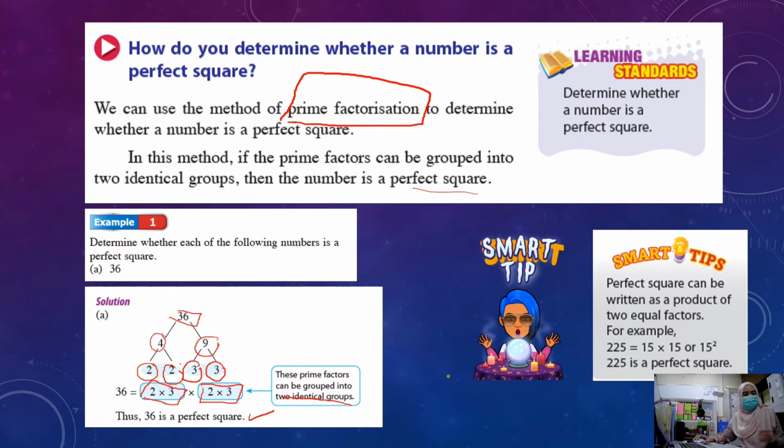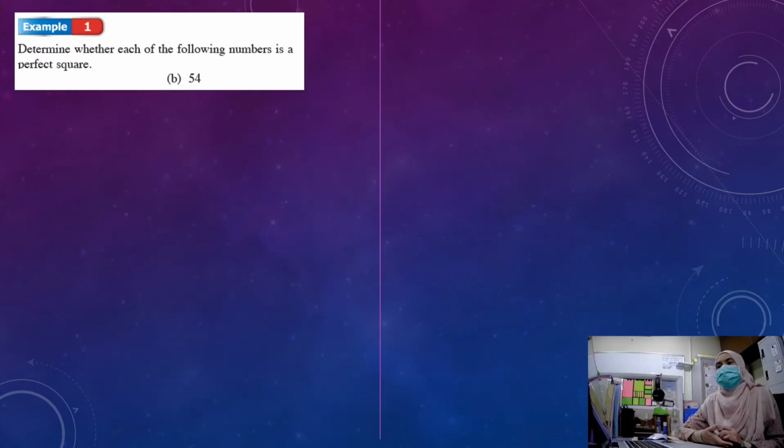For example, 225 equals 15 multiplied by 15, or 15 squared. 225 is a perfect square. Example 1, okay, we go to the next.